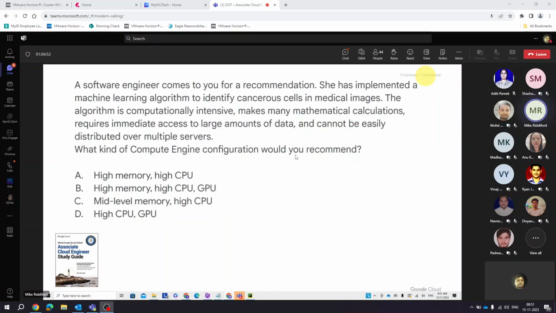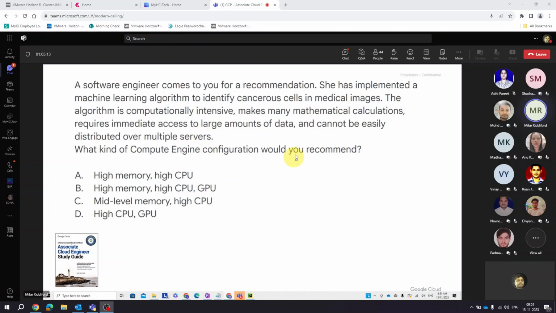We have a processing requirement here that is very computationally intensive, with many mathematical calculations, access to large amounts of data, and it cannot be distributed over multiple servers.